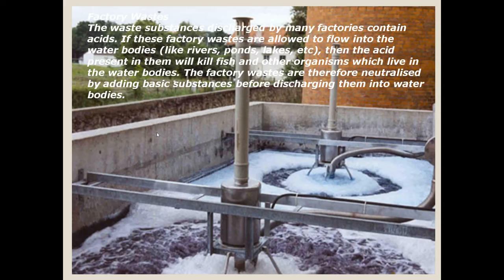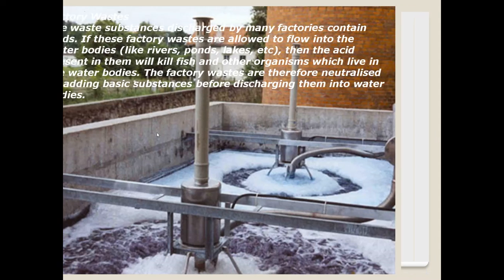Other organisms which live in the water bodies also get killed because of the high acidic content. So factory waste must be treated by neutralizing it: by mixing the acidic waste with a basic substance, we can neutralize its effect and then release it into the water bodies. So in treatment of factory waste also, the neutralization reaction is used.